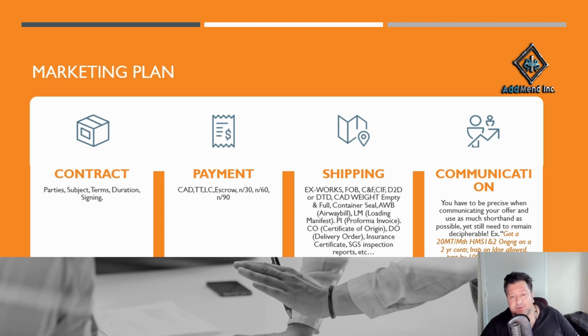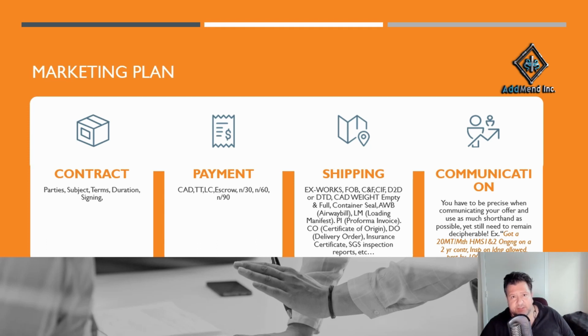Now there are other terms like an airway bill, which is when you're shipping by air, loading manifest when you're shipping by sea. Pro forma invoice is the internationally accepted invoice that should accompany the products as it travels, as one of the shipping documents required for clearing the product at the port of destination.